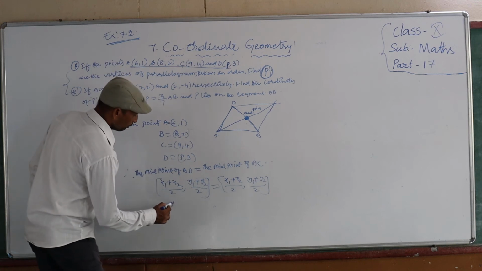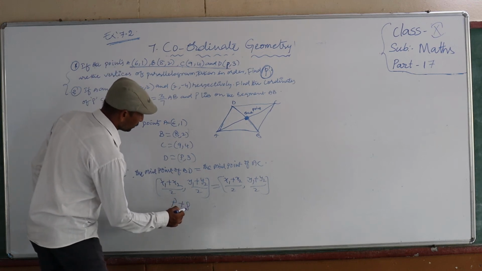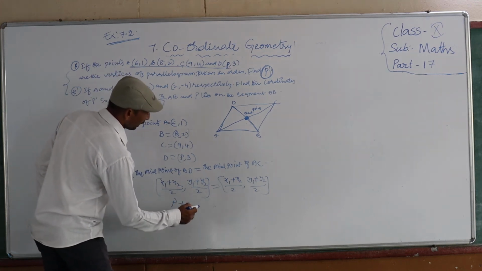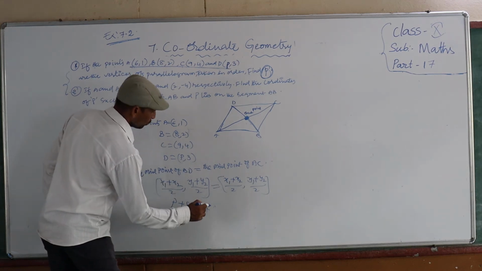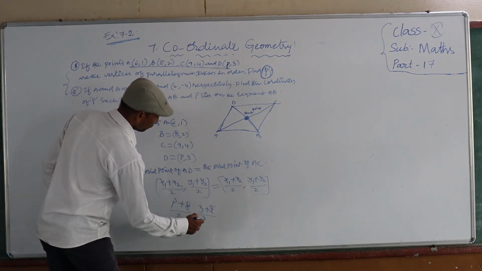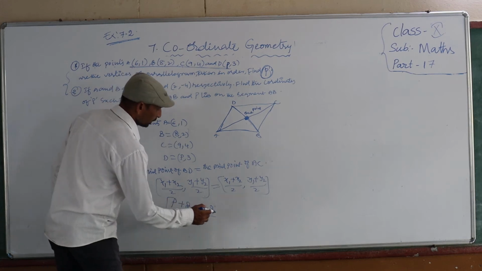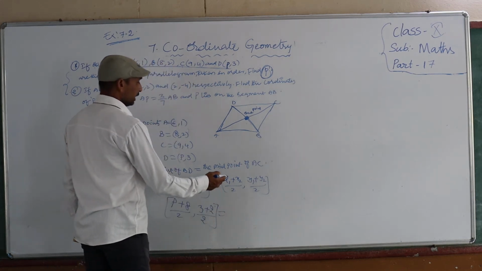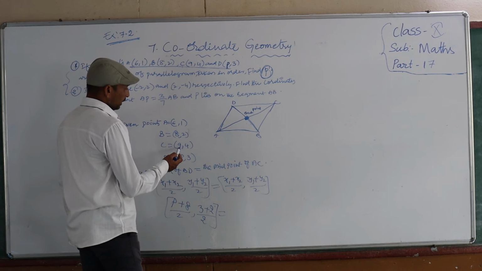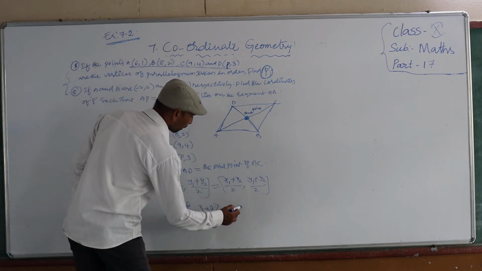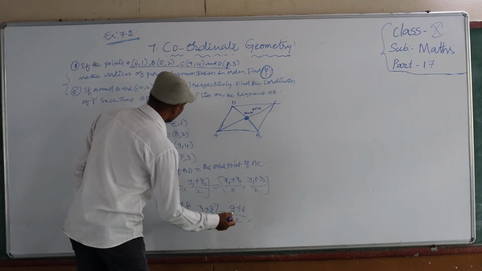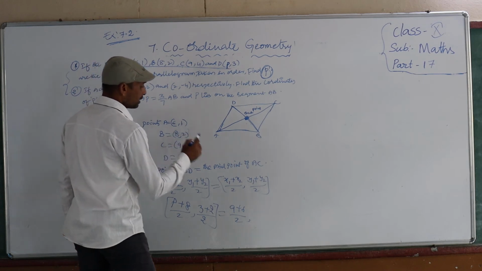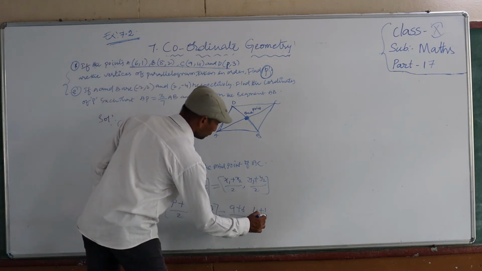For BD: (P plus 8) by 2, comma, (3 plus 2) by 2, that is equal to AC: (9 plus 6) by 2, then (4 plus 1) by 2.